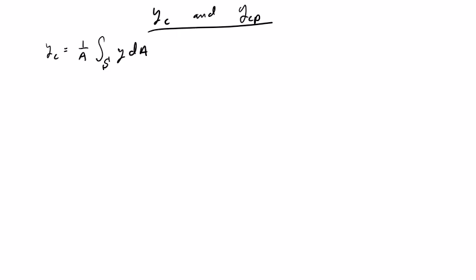Alright, so the point of this video is to spend some time on YC and YCP. YC in formula is the area of the centroid in the goal of the area, the surface times Y dA, and YCP is equal to IXX over YC times A, where IXX equals this integral over a surface times Y squared dA.